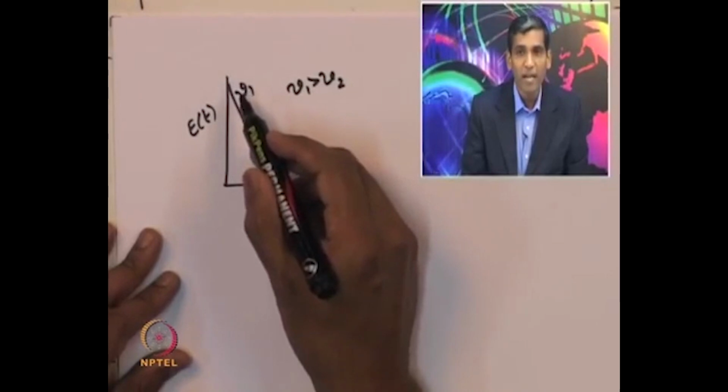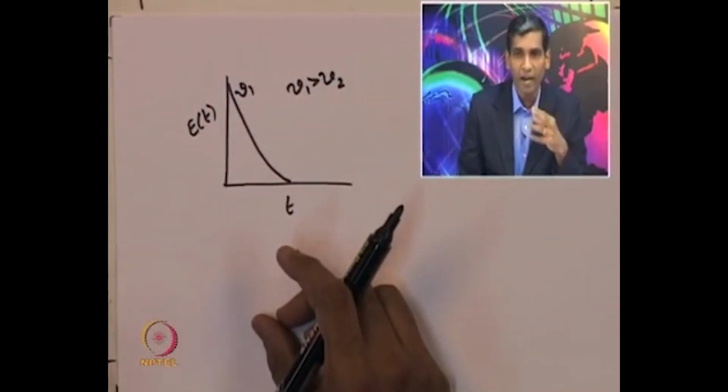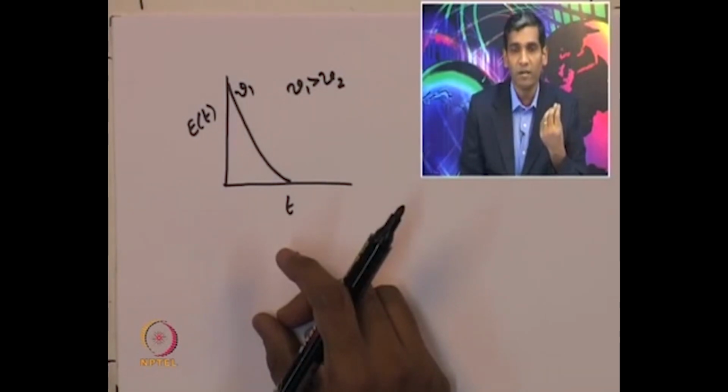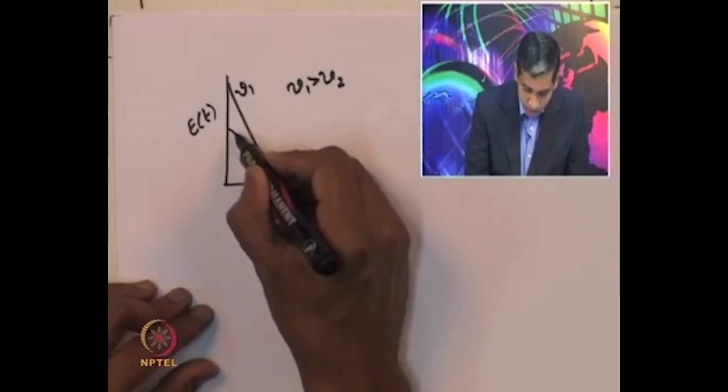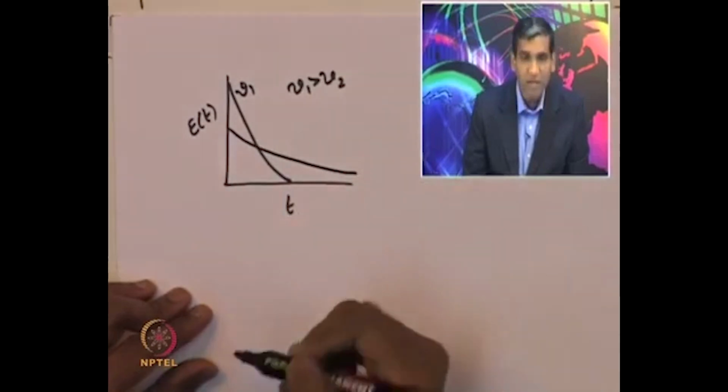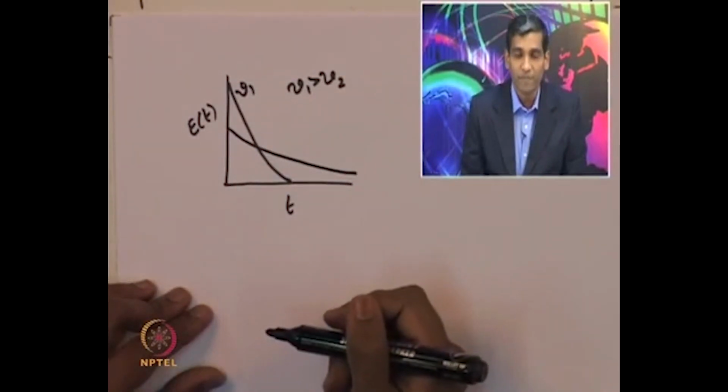Then the amount of time that the fluid stream spends inside the reactor is going to be larger, because the volumetric flow rate is lesser than V 1, and as a result the E curve would look like this. The slope of the E curve will correspondingly change.